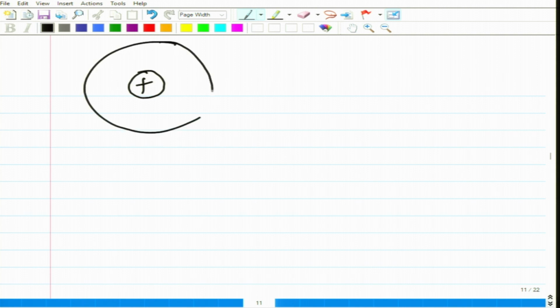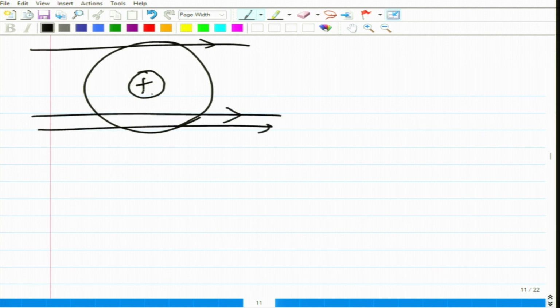Rutherford had provided models like this. If this is the nucleus and this is the atom, then when the alpha particles were passing far away from the nucleus, they passed undeflected.